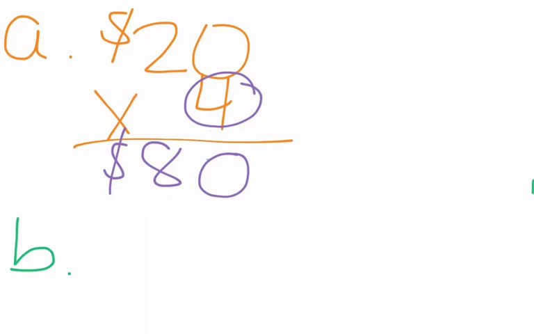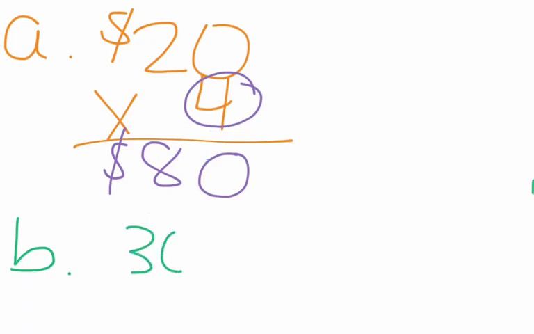If tickets to a football game are $32 each, about how much would 5 tickets cost? So, I know that 32 is really close to 30, and that is a nice, easy, compatible number.